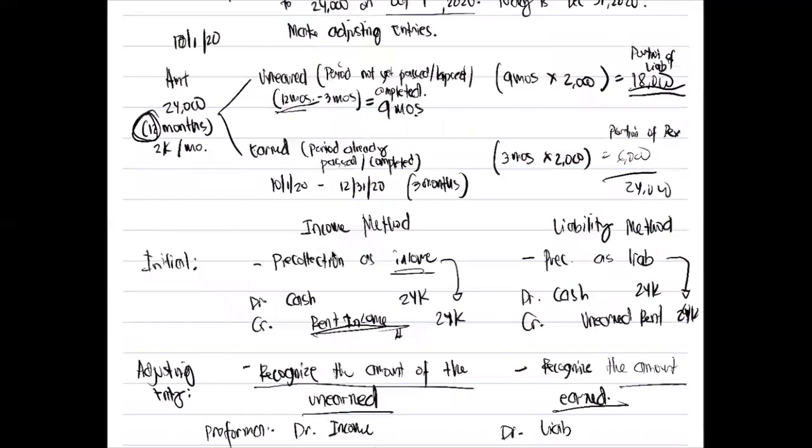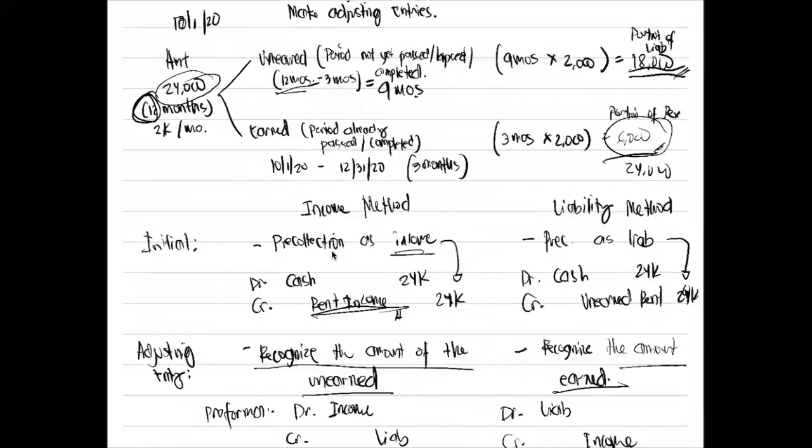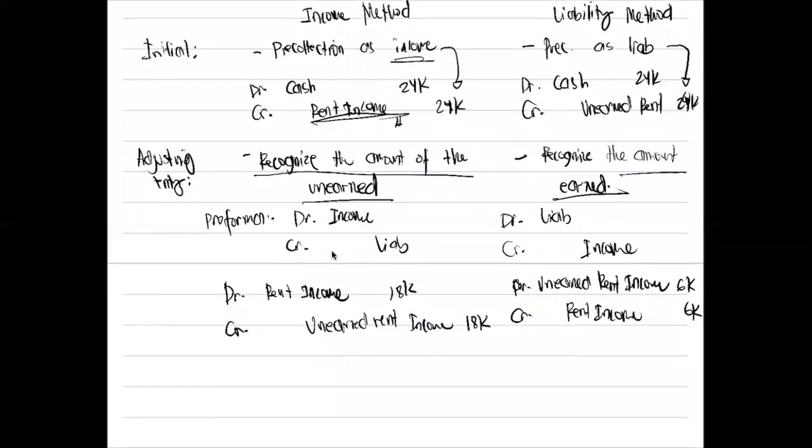So we go back. We have here 24,000. The amount unearned is 18,000. The amount earned is 6,000. So magkano din ang ilalagay natin dito? 6,000 pesos. Okay, let's examine that whether we use income or liability method, we achieve the same amount.